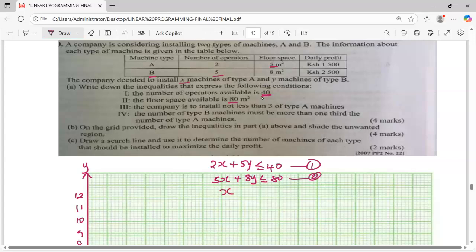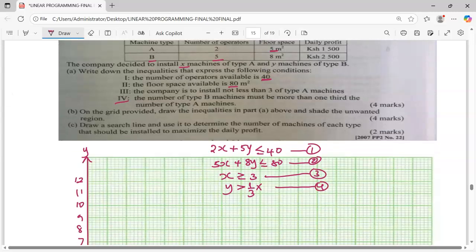Type A machines are X, so X is greater than or equal to 3 as the third inequality. And the last one is that the number of type B machines must be more than 1/3 of X, meaning Y is greater than 1/3 X, and this becomes the fourth inequality.